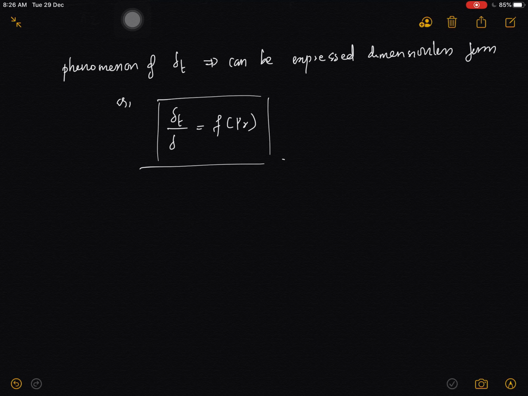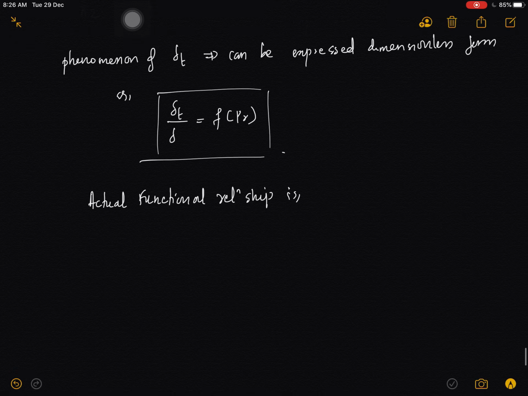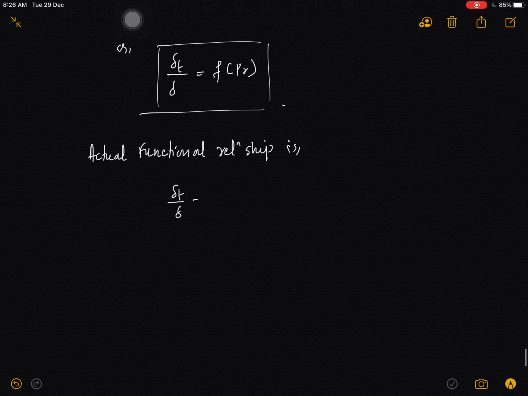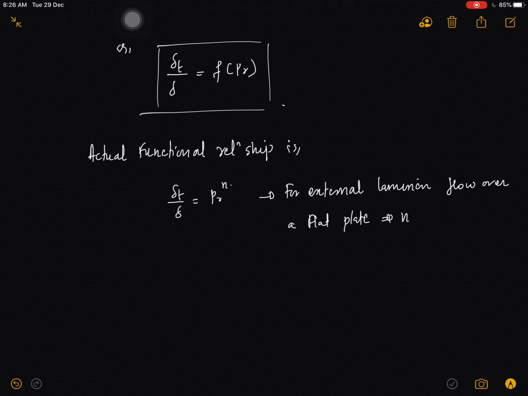Okay, so let's write the actual functional relationship. Delta t by delta is equal to Prandtl number raised to n, and for external laminar flow over a flat plate we are having n is equal to minus 1 by 3.